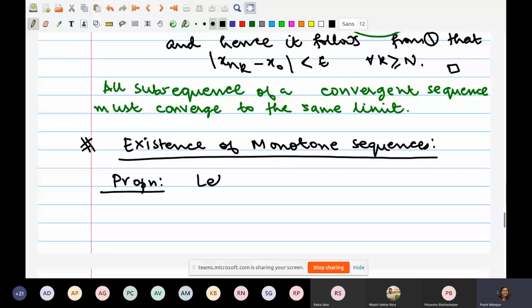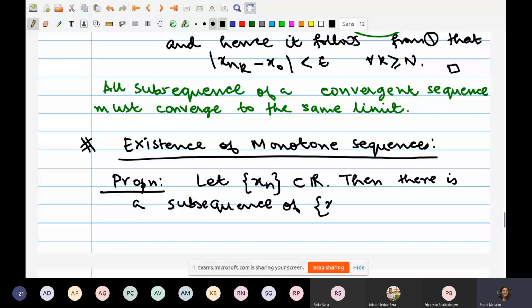Let xn be a sequence of real numbers. Then there is a subsequence of the sequence xn that is monotone.